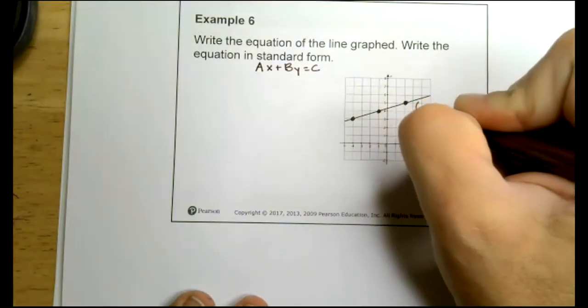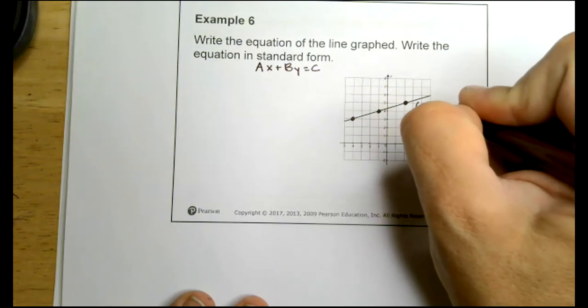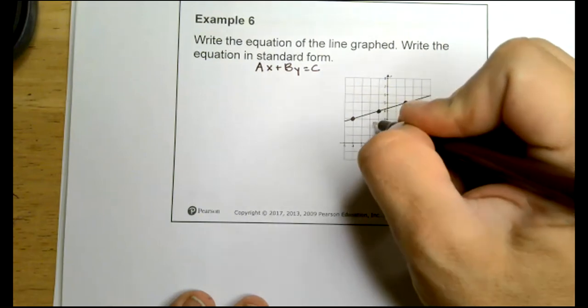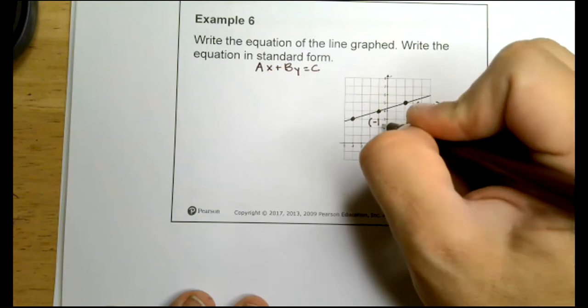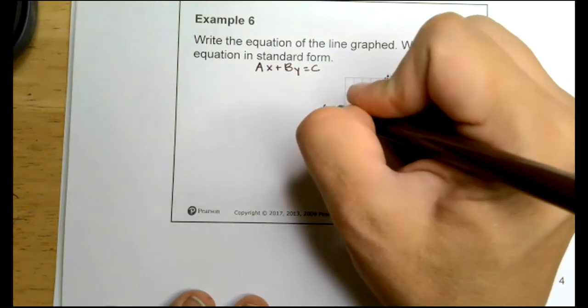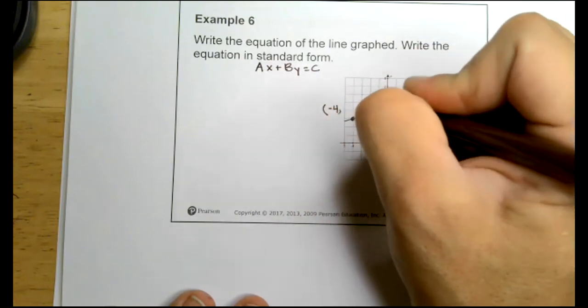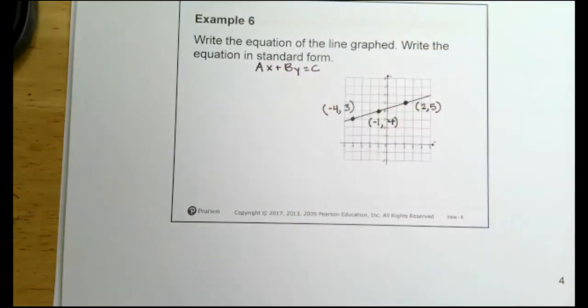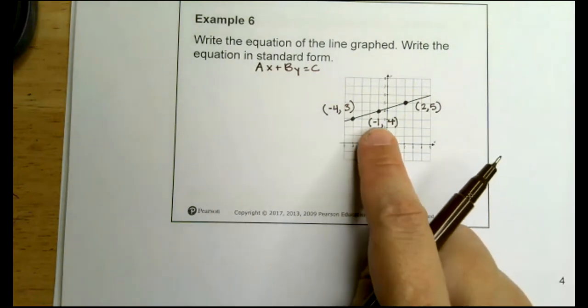And so that looks like 2 on the x, 5 on the y. This one looks like -1 on the x, 4 on the y. And this one looks like -4 on the x, 3 on the y. So those are my 3 points, okay?